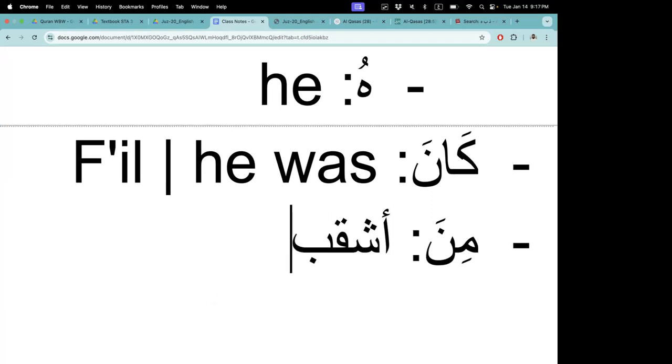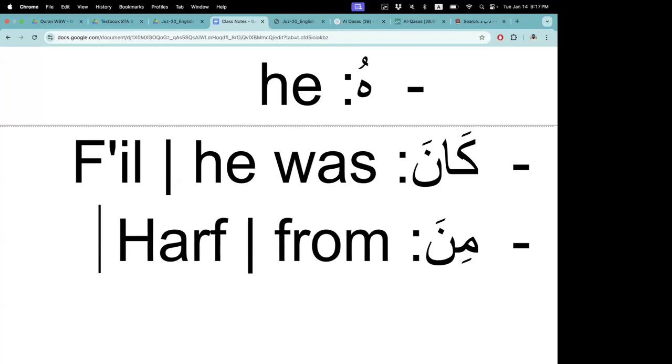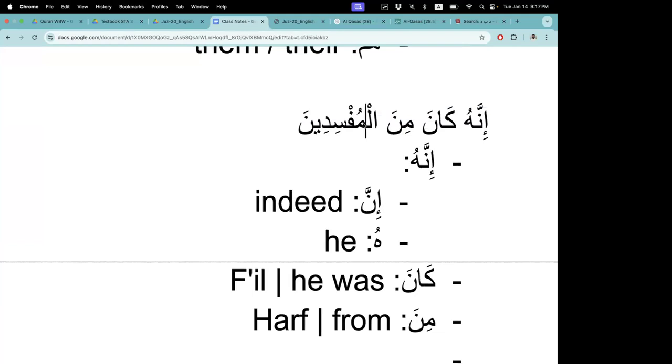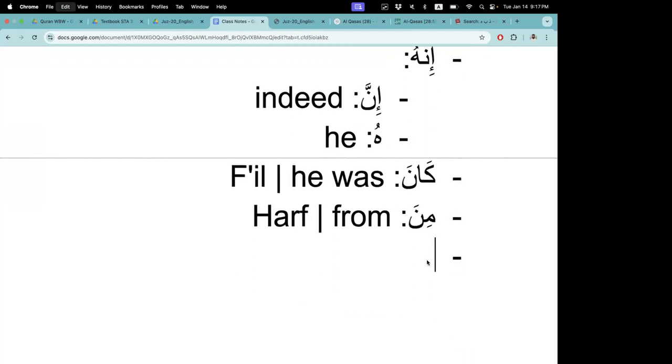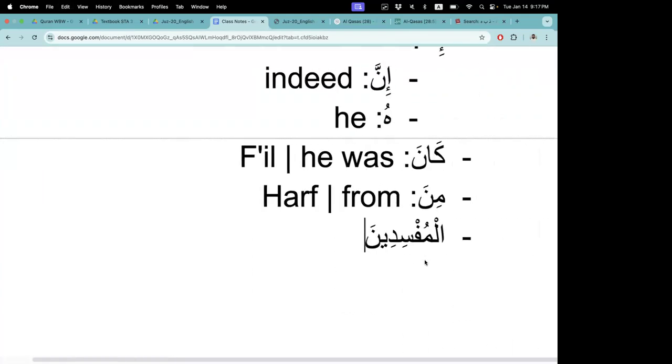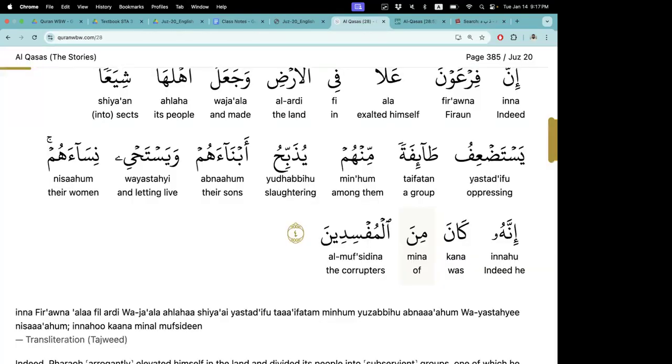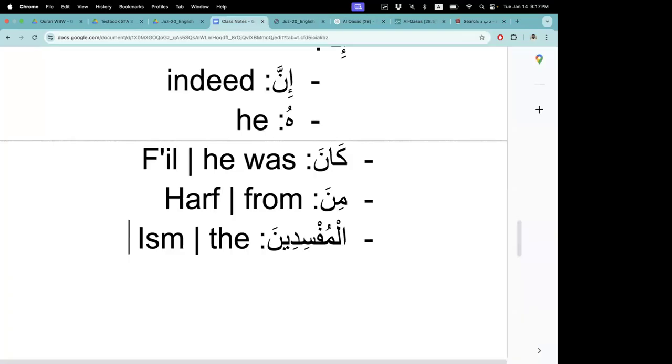What is min? This is a harf. This means from. From al-mufsidin. Al-mufsidin is an ism because you notice there's an al there. The meaning is the ones who make mischief, the ones who cause corruption, the corruptors. I like corruptors.